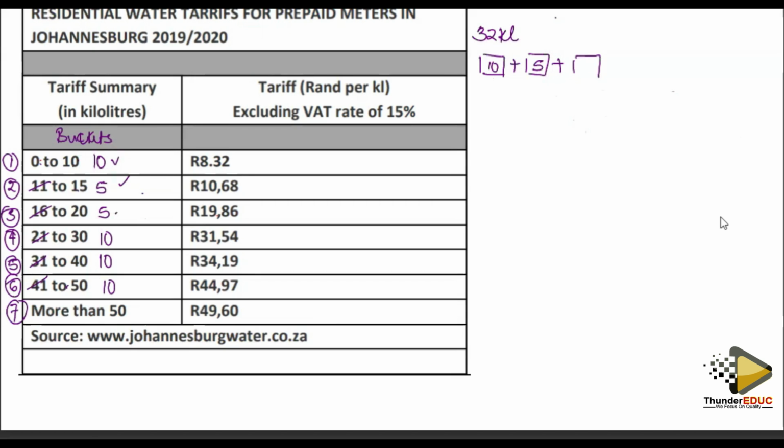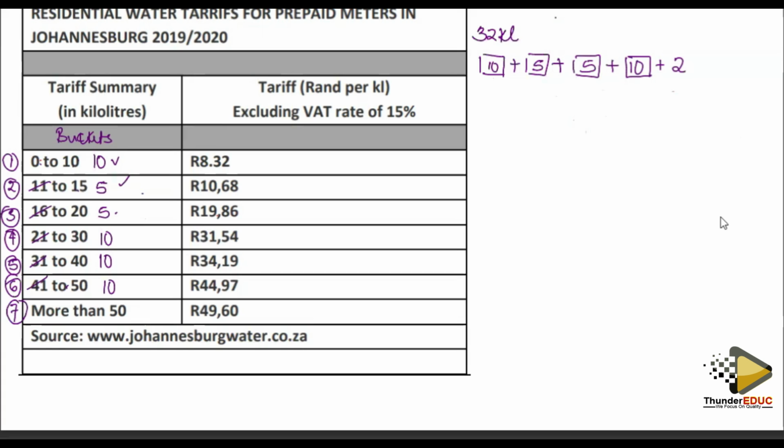Bucket number 3 has taken the 5 plus bucket number 4. Bucket number 4 has taken 10. But when you add this, it's 10, 15, 20, 30. The person has used 2. That means whatever remained is supposed to be where? Here. They never used the full bucket.